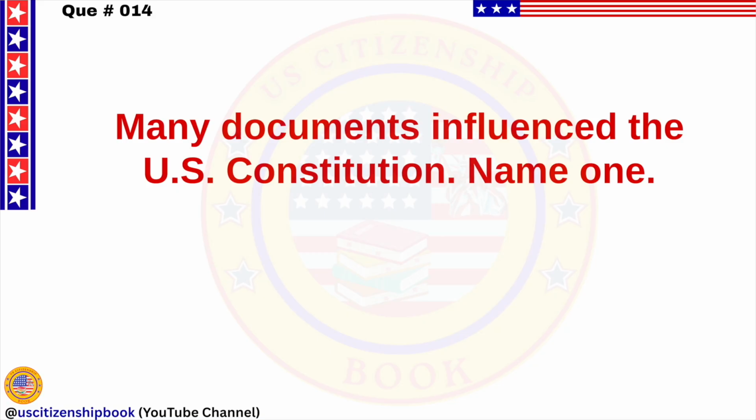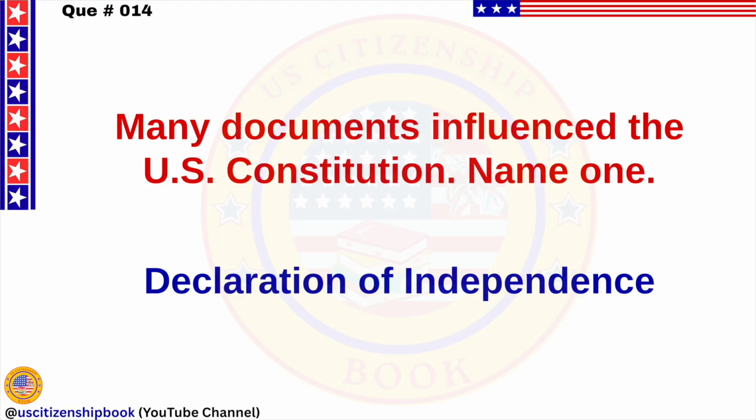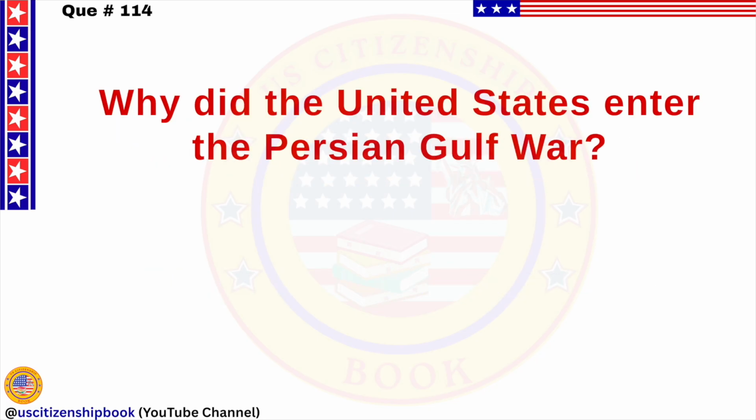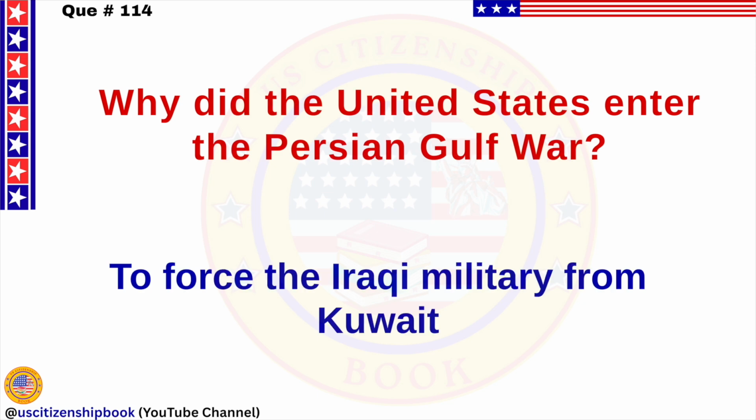Name one. Declaration of Independence. Why did the United States enter the Persian Gulf War? To force the Iraqi military from Kuwait.